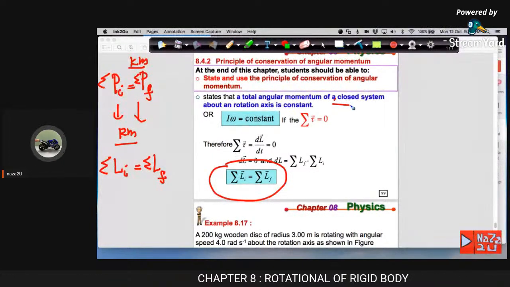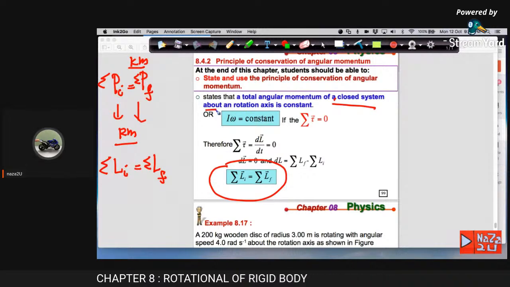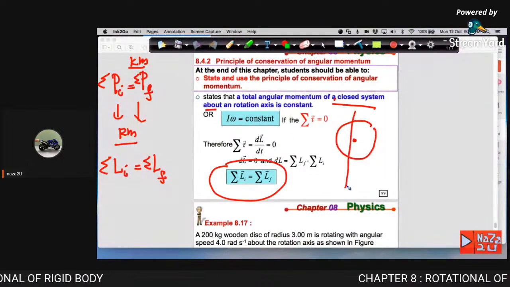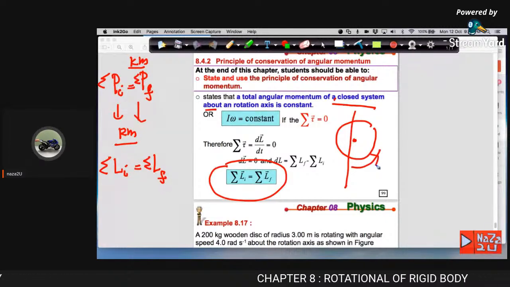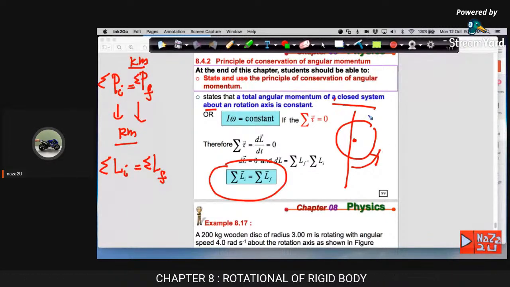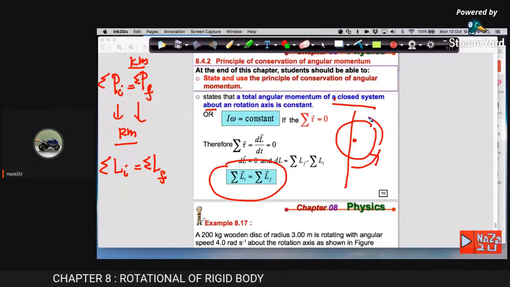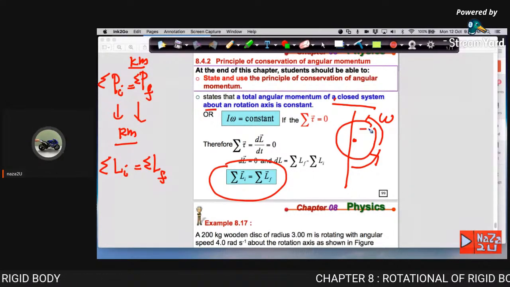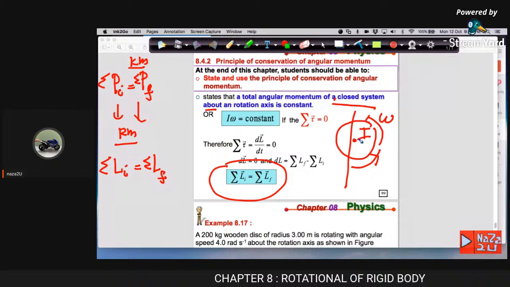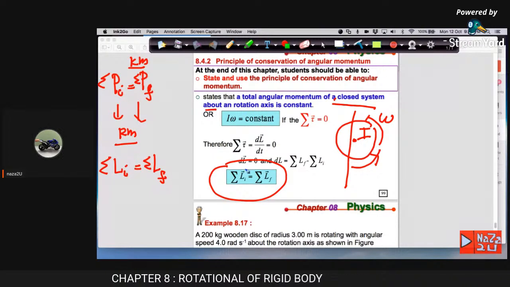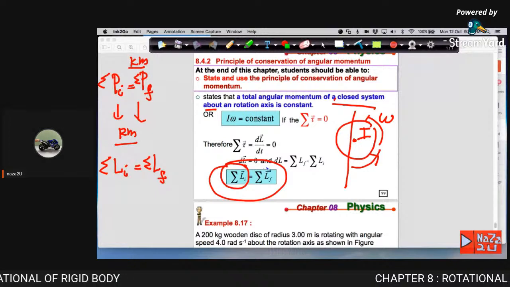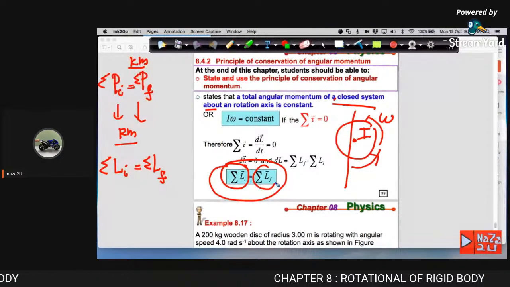Satu lagi dalam closed system, closed system merujuk kepada apa? Okay, dalam satu jasad, sistem itu kita ada paksi putaran. So dalam closed system tu no external force, dia berpusing. Okay, dia punya omega berpusing dan dia ada moment inertia. Total angular momentum before is equal to total angular momentum after.